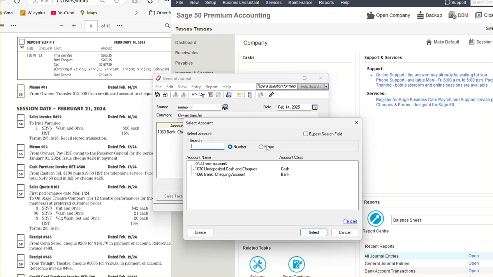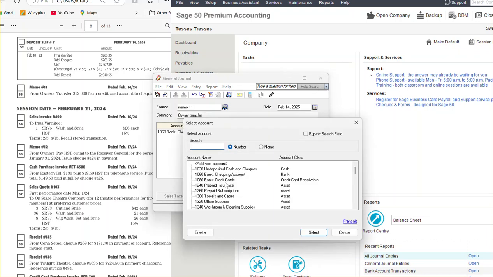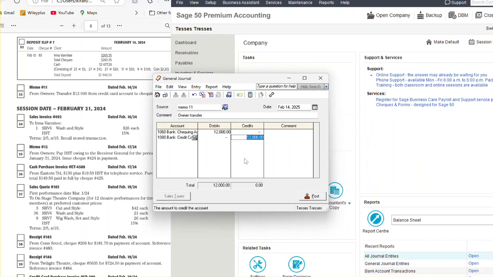In this case, I will do all of them. They said we credit card, credit card, credit card, and that's what the money is.